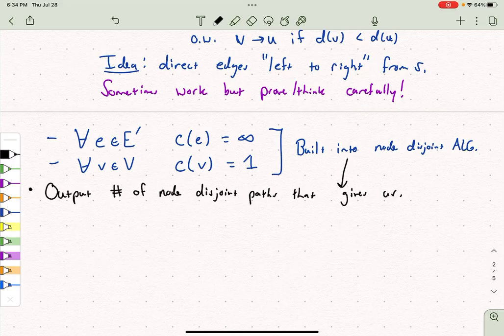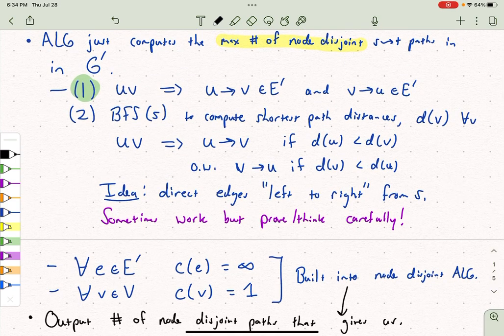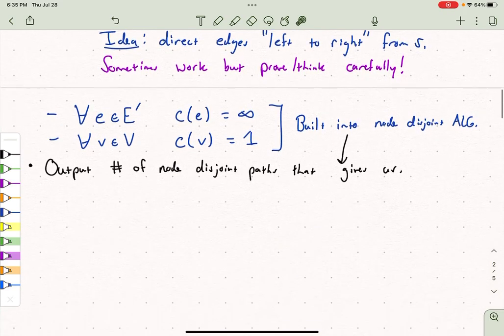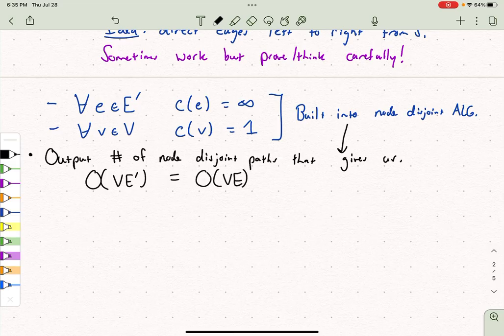So since we know we can build up node-disjoint paths, we can do that algorithm efficiently. Then the total runtime of this, obviously creating G prime is linear time. All we do is direct edges in both directions, and then we just feed it into the black box. So overall, it's going to take time O of V E prime, but E prime's the same size as E, we just doubled it, so this is O of V times E time.